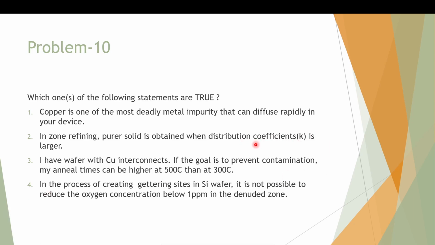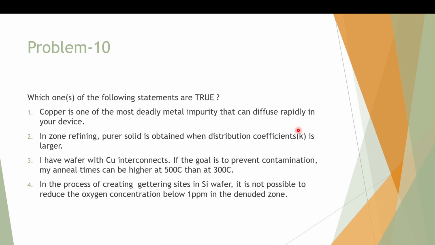It tells us the concentration of the impurity in the solid upon the concentration of the impurity in the melt. Is it better for the impurity to sit in the solid or in the melt? Of course, in the melt, right?